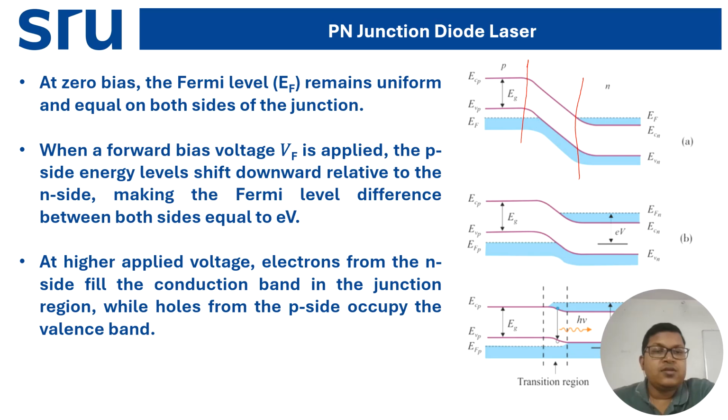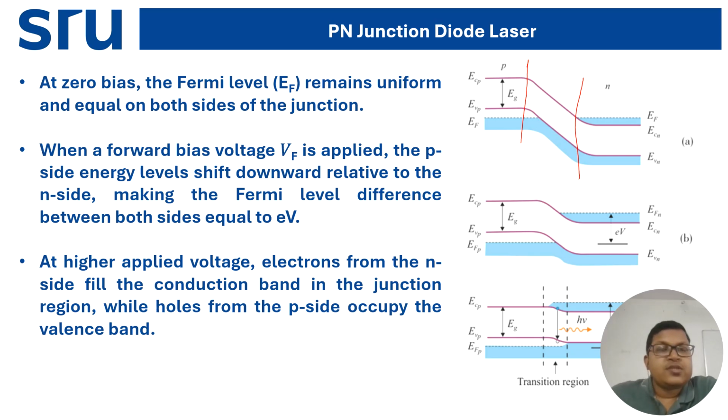We'll see three different conditions. First one is zero bias, that is no bias, second we'll see the forward bias case, and third we'll see more bias. Now let's try to understand one by one.